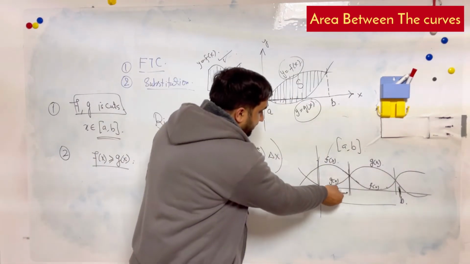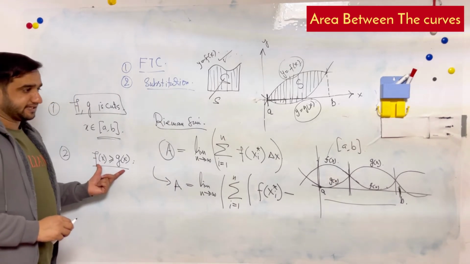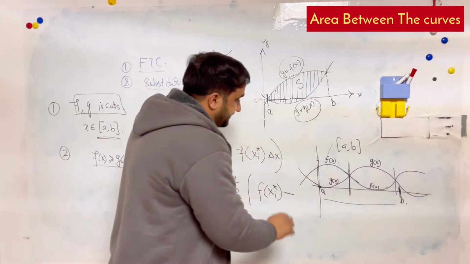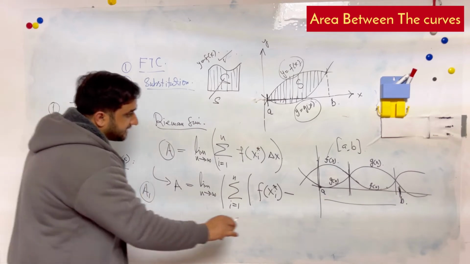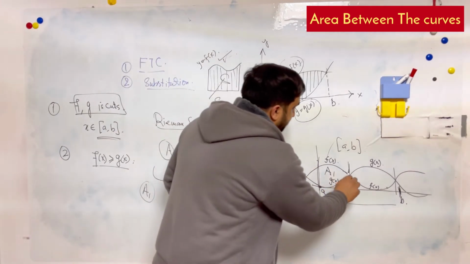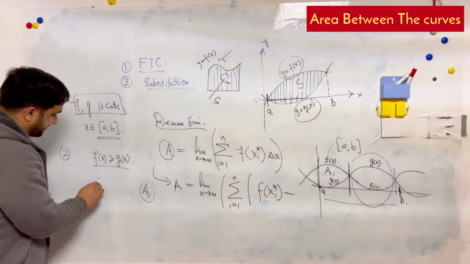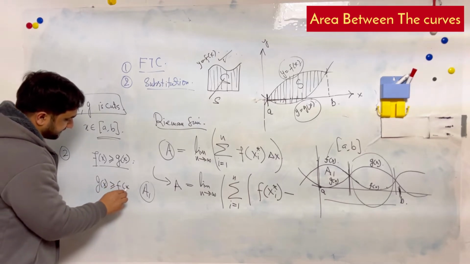And for this one, you assume that f of x is greater than or equal to g of x, and you solve this equation which I am going to write. And then you keep it as area 1. You say this is the area 1. You keep the value. Now, for this one, you will switch the function, and you say that yes, g of x is greater than or equal to f of x.